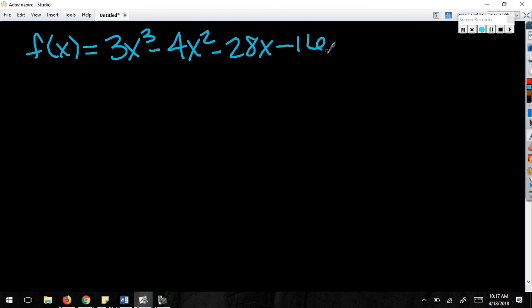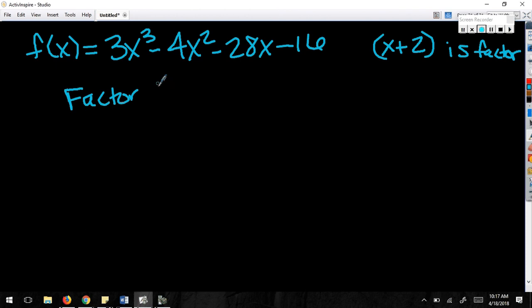And I tell you x plus 2 is a factor. Your directions then are to factor completely. In other words, find all the other factors.